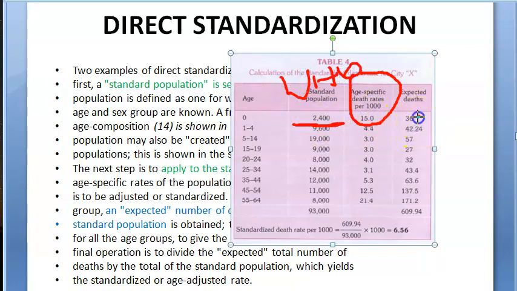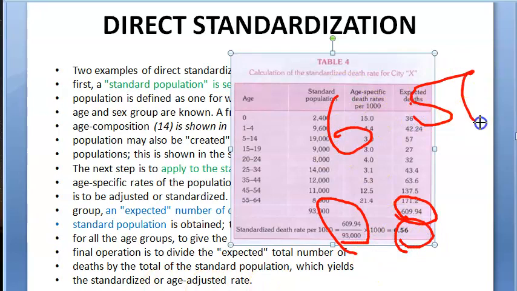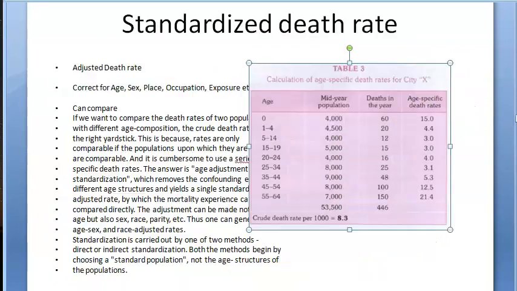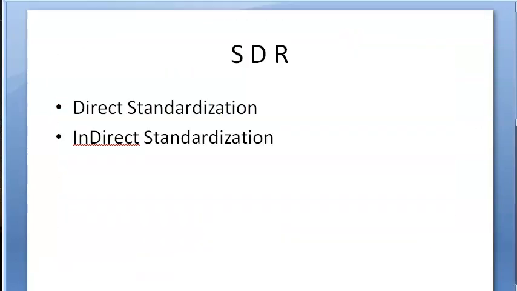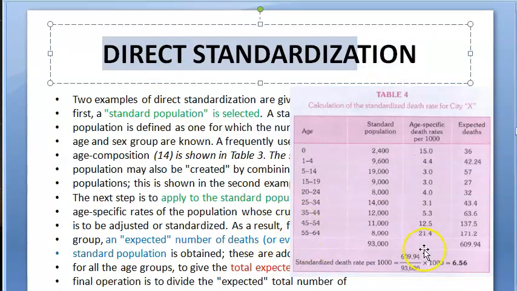And you will get some expected deaths. You get the total expected deaths, and they have divided it by the total standard population. They've got a death rate of 6.56. Okay. Did you understand, guys? The crude death rate they got earlier is 8.3. Now when they have applied it to the standard population, they have got 6.56. You saw, this is direct standardization.